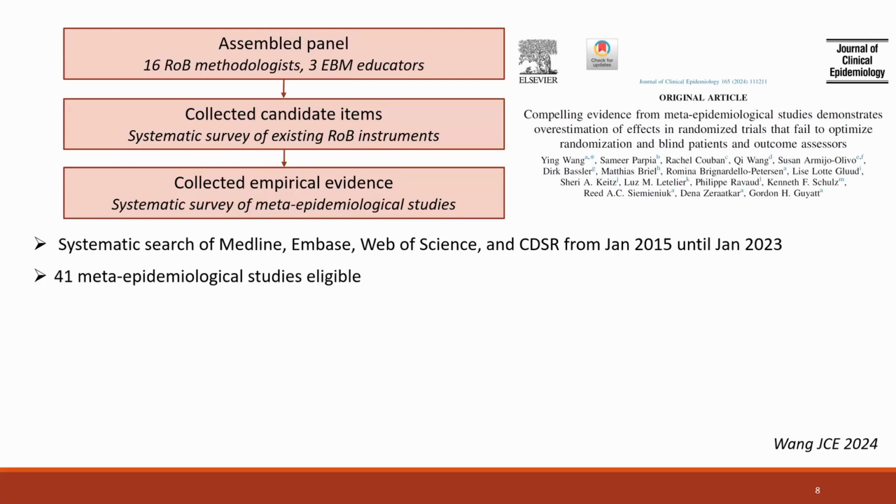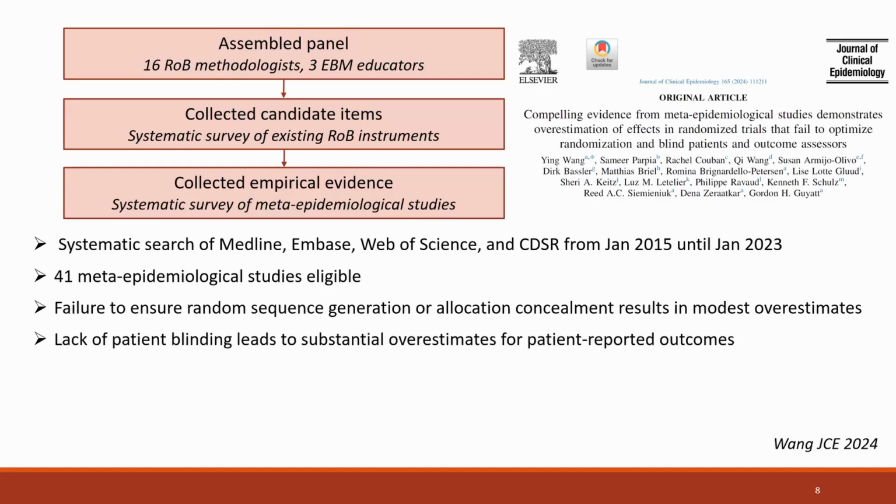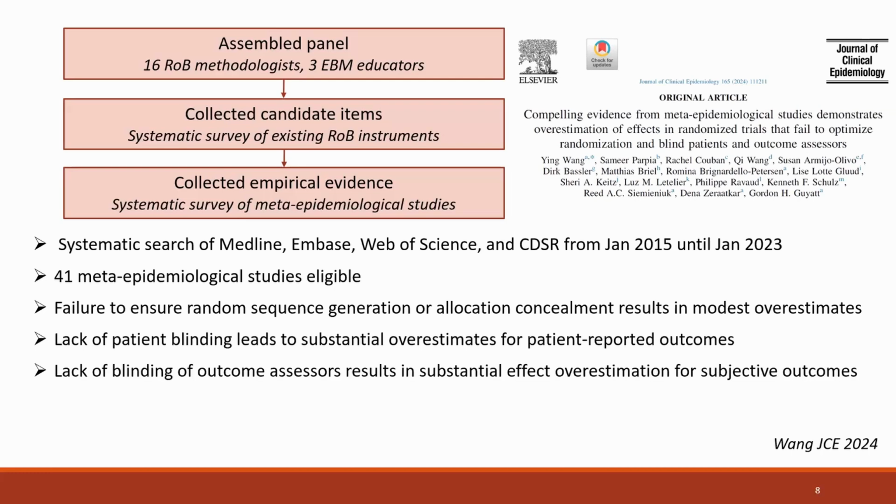Here we identified 41 meta-epidemiological studies, and we found that failure to ensure random sequence generation or allocation concealment resulted overall in modest overestimation of effects. Lack of patient blinding led to substantial overestimates for patient-reported outcomes. So this can be shown with empirical data.